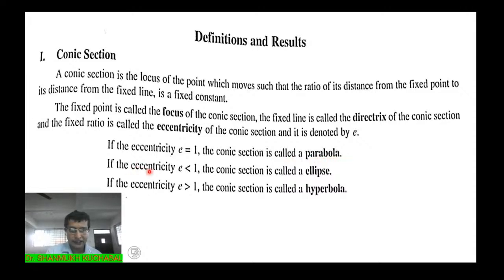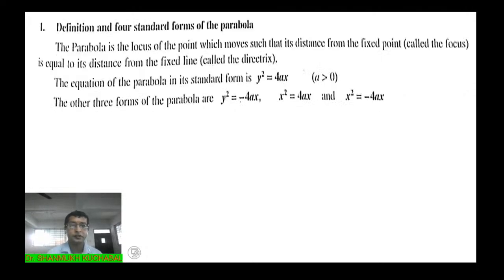If the eccentricity e is less than 1, we call it an ellipse. Lastly, if the eccentricity e is greater than 1, the conic section formed by this geometry we call a hyperbola. So first conic section, the parabola, we will go through the basic definition.